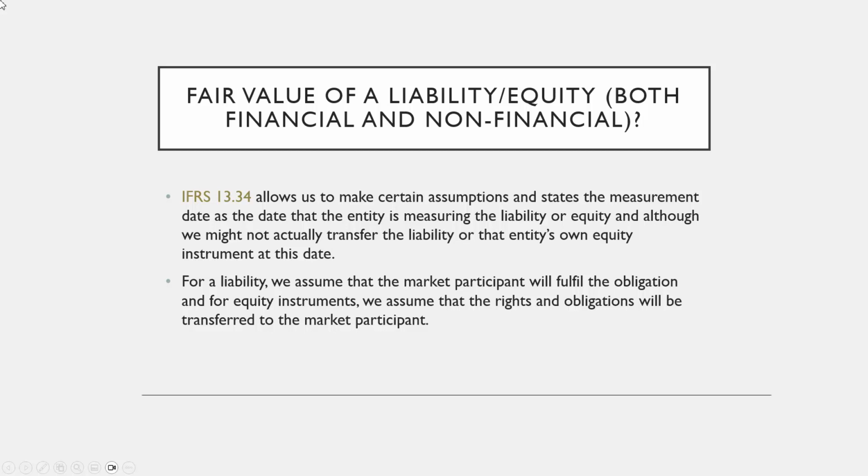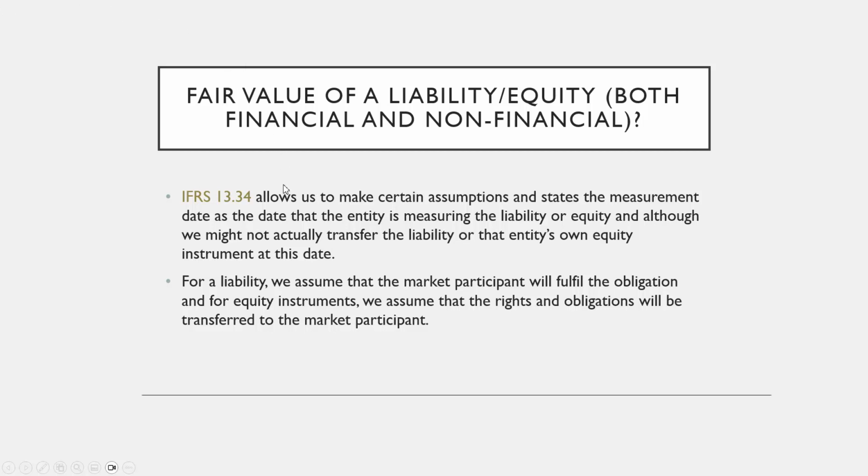even though it's not transferred at this date, is the date when we either will fulfill the obligation for a liability or the date on which the equity instrument's rights and obligations will be transferred to that market participant. This is for a liability where they'll fulfill the obligation, and an equity instrument where the rights and obligations will be transferred to the market participant.